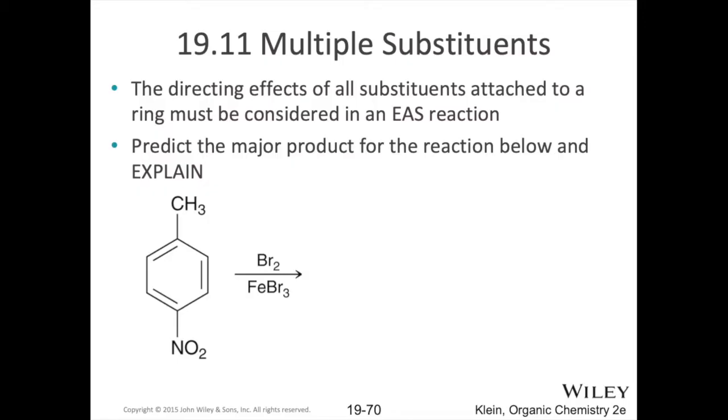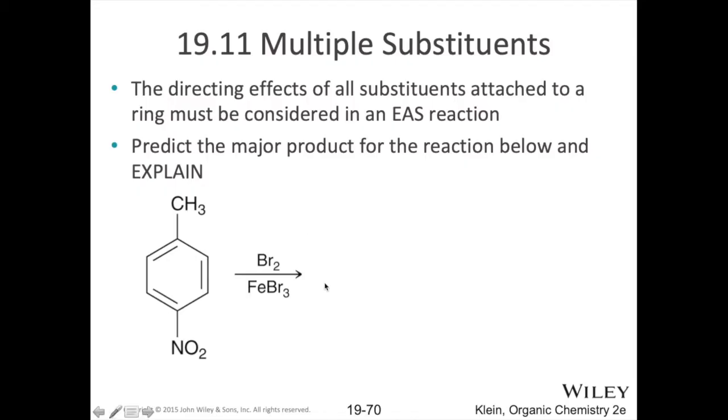We have a methyl group over here on top, that's an alkyl group, and we have a nitro group here on the bottom. Now, quickly looking at these types of groups, we know alkyl groups are activating, we know nitro groups are deactivating. And so the methyl group is going to be ortho-para-directing, and the nitro group is going to be meta-directing. So the question is, where does the incoming bromine go?